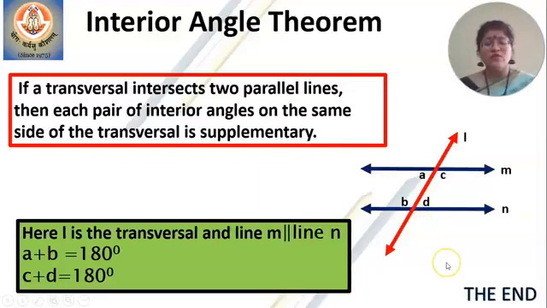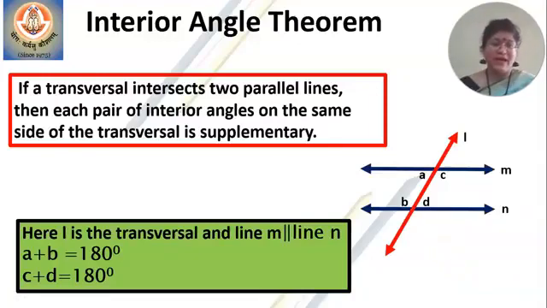So students, what have you seen in these axioms and theorems? In the corresponding angle axiom, alternate angle theorem and interior angle theorem, you have noticed that the transversal is intersecting parallel lines. That means the lines are already parallel.